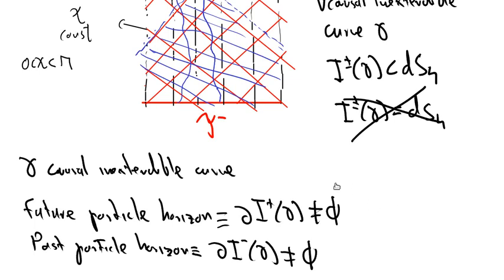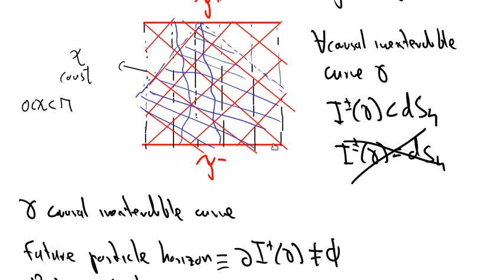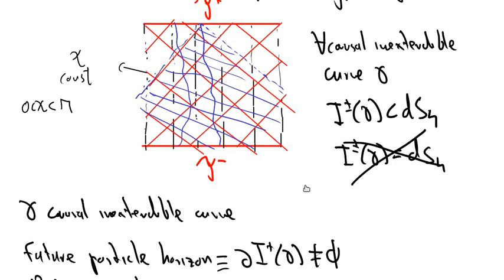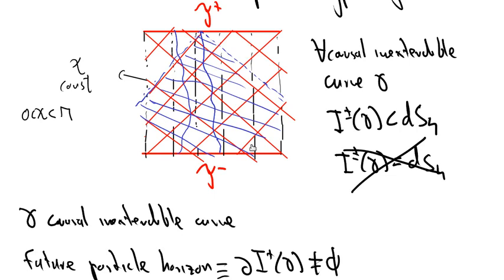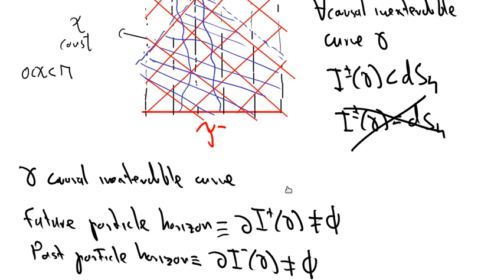If you just look at the diagram again and look at future null infinity and past null infinity, we see that they are horizontal lines. They are space-like hypersurfaces on the Einstein static universe, and the fact that they are space-like is somehow responsible for the existence of these particle horizons.